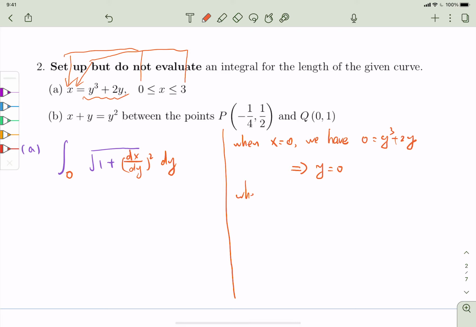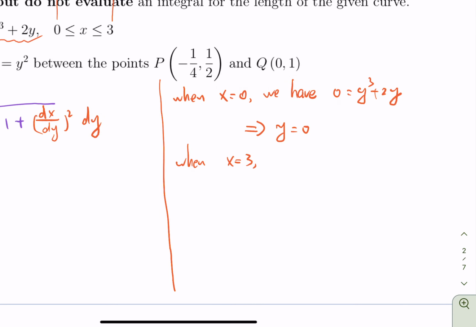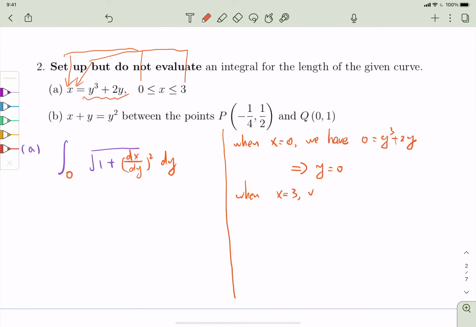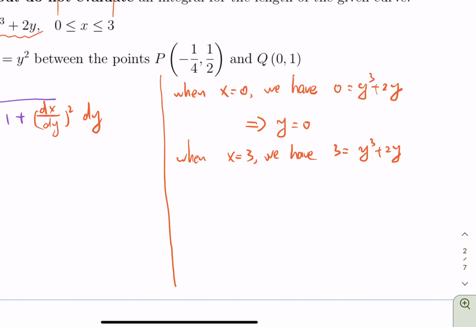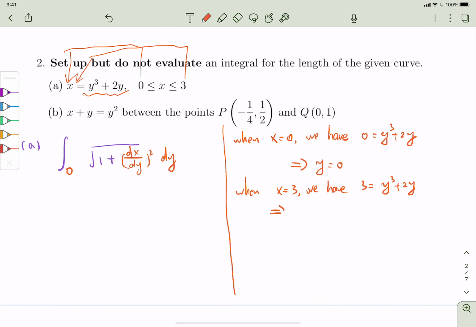And for the upper bound, when x is equal to 3, we have 3 equal to y cubed plus 2y, and you solve this, and it gives you y equal to 1. So my upper bound here is 1.